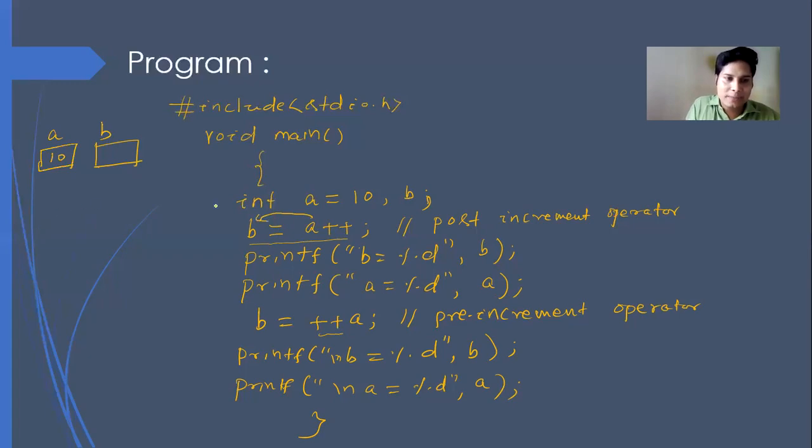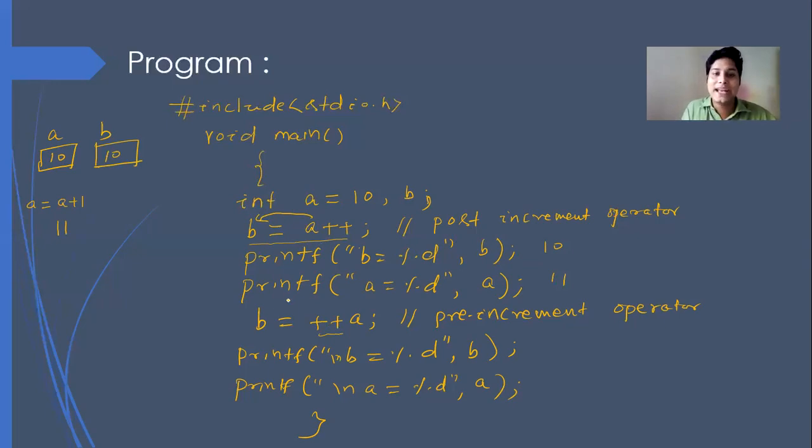That means b will be 10, then a++ means a = a + 1, so a will be incremented to 11. So in this printf statement, b will be shown as 10 and a will be displayed as 11. So this is post-increment. That means first the value will be assigned, then after that the value will be incremented.